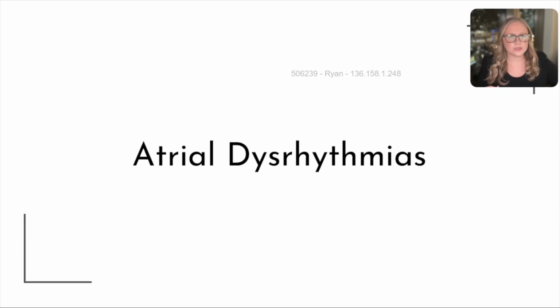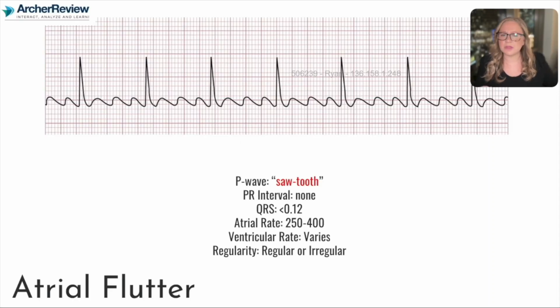The first atrial dysrhythmia you could see is something called atrial flutter. As you go through your checklist of the different things that you need to look at here, you're going to notice first and foremost that there is not a P wave for every QRS wave. We have what appears to be a bunch of P waves, and they're in this funky sawtooth pattern.